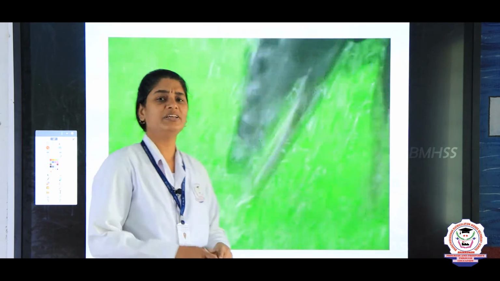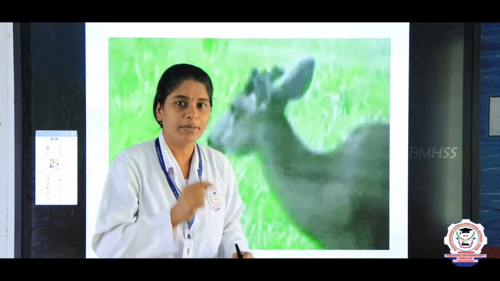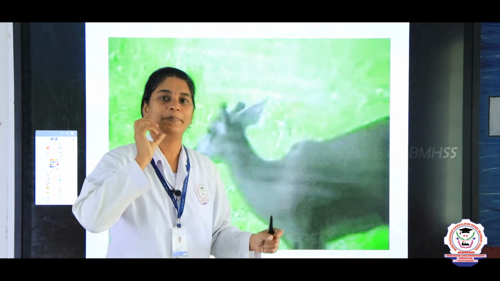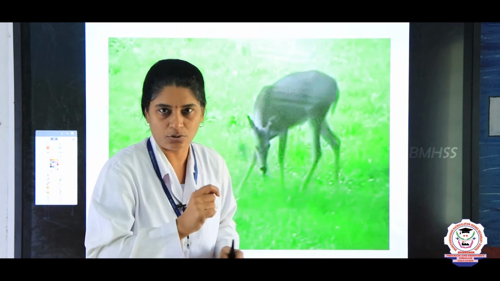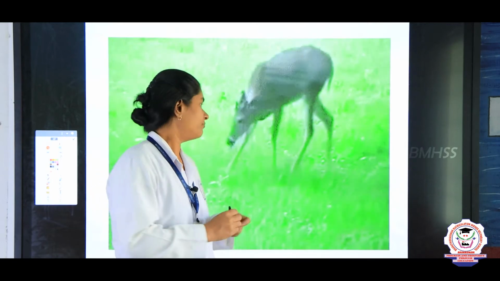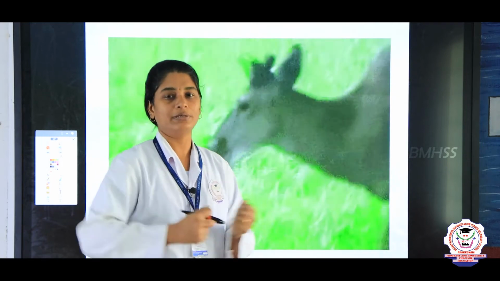They have very broad and sharp front teeth, because they need to cut and bite the grass or plants. As plants contain a high amount of starch, they need more time for chewing.